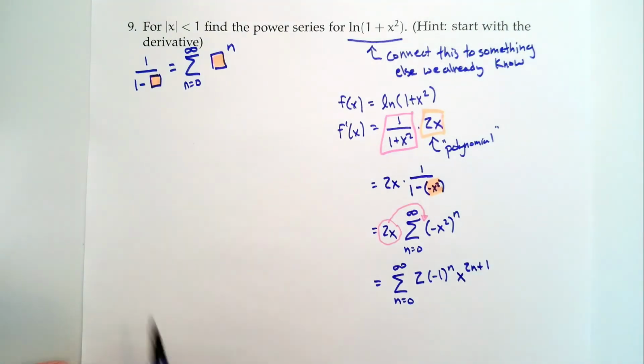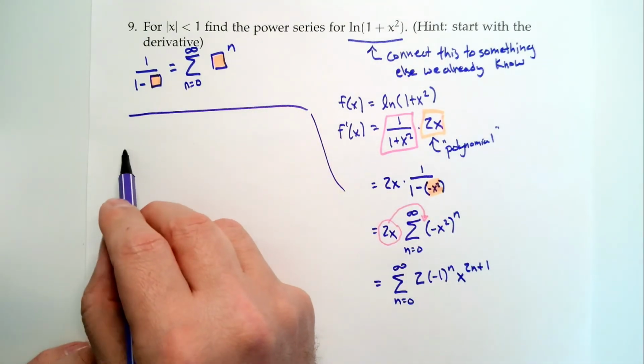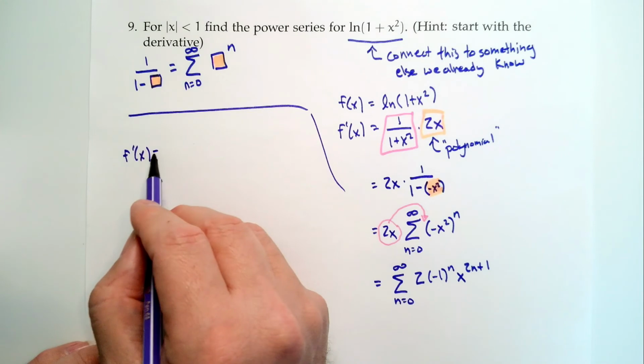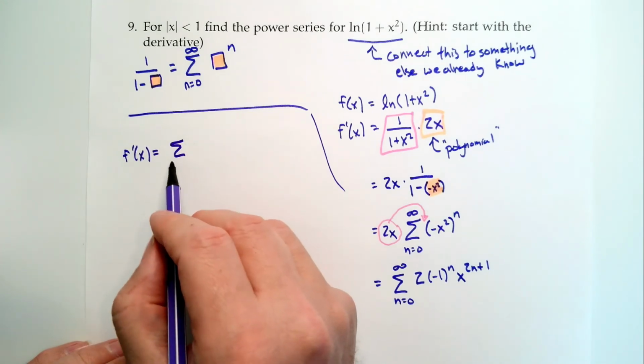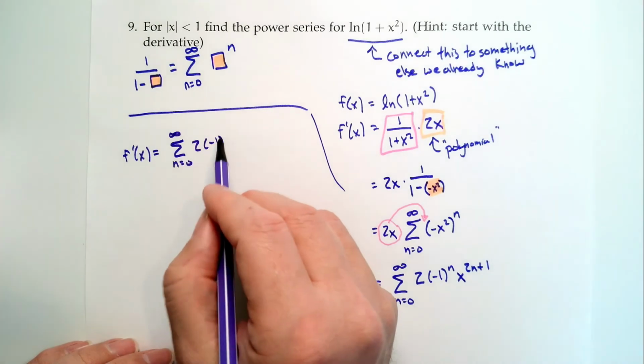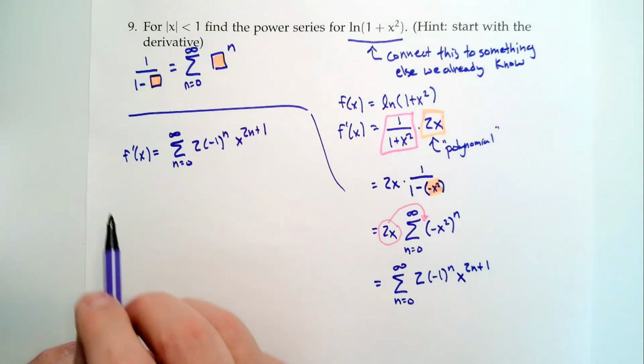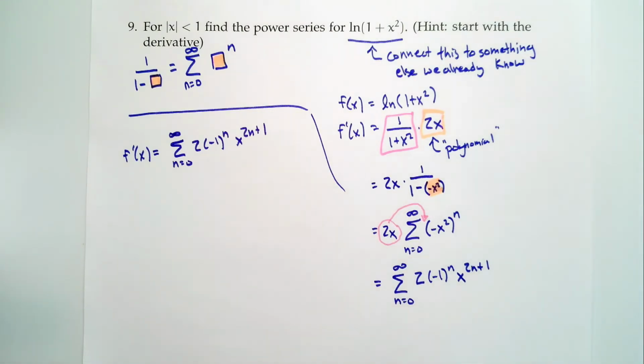All right, so let's gather ourselves here. We now know that f prime of x is equal to the sum from 0 to infinity of 2, negative 1 to the n, x to the 2n plus 1. So now I have a nice series for f prime.